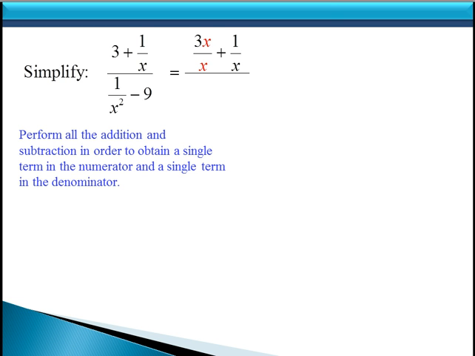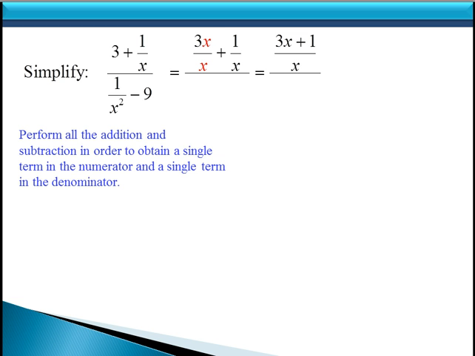And now we're ready to add those together. So when we add those two fractions together, we have x as our common denominator, and then we add the numerators together to get 3x plus 1. So notice this is a single term. It started out as two terms, but now it's a single fraction, so it's one term.